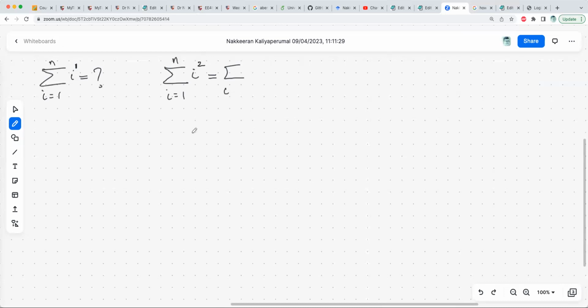Think of it this way. This can be written as summation, I am adding one, so I start from i equal to 0 to n.